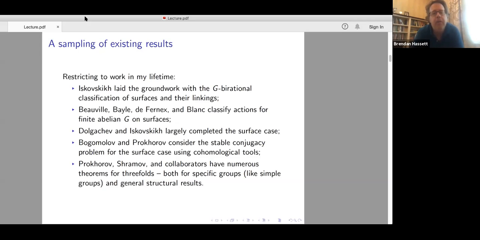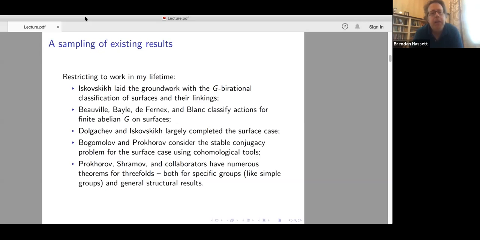Beauville, Blanc, de Fernex, and Bayle, they gave a pretty detailed description of what are the possible actions of cyclic groups and finite abelian groups on surfaces. Further work in this direction was done by Dolgachev and Iskovskikh, and they largely completed the surface case, describing the conjugacy classes of embeddings of G in the Cremona group of rank 2.